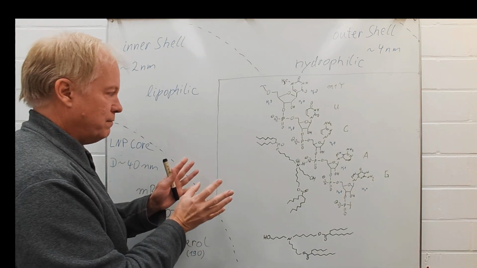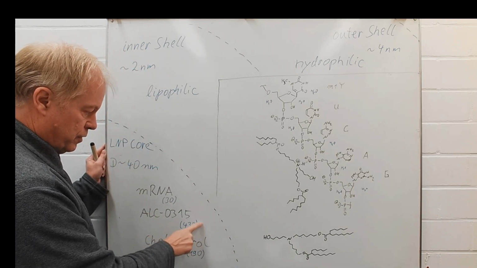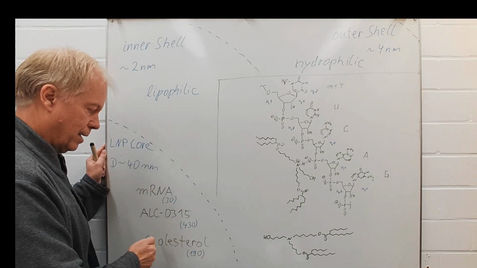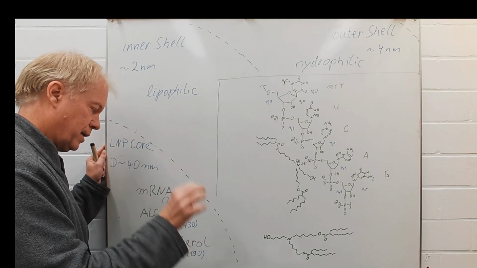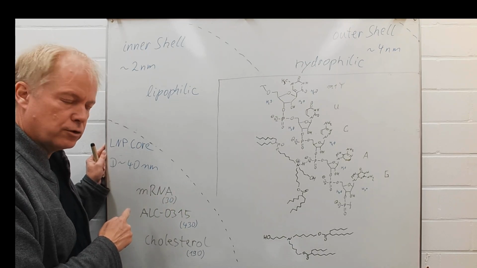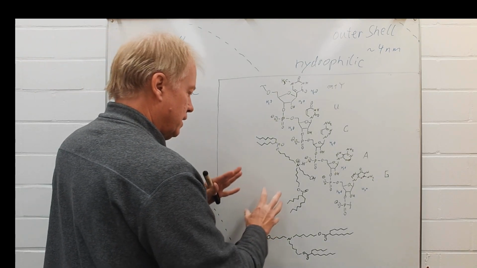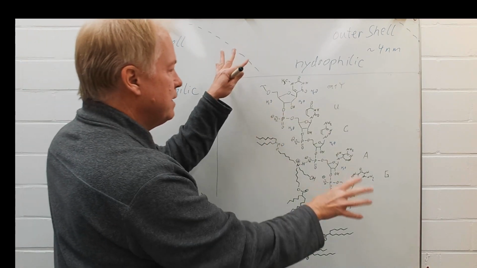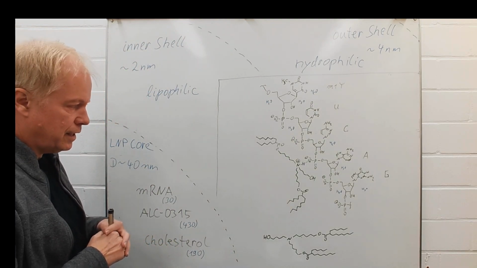So if we have enough of those molecules, and we do have enough, remember we have 430 micrograms of ALC-315 per injection and only 30 micrograms of the modified RNA. So we have enough of this molecule to completely wrap that long chain of the RNA.